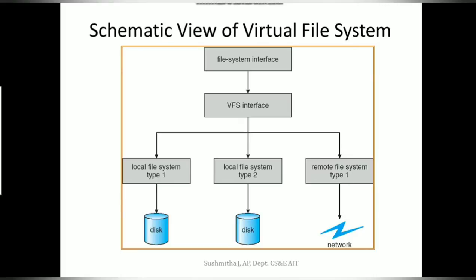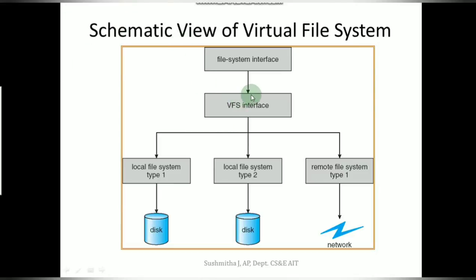So the first layer is the file system interface based on the open, read, write, close system calls along with the file descriptor, and then the second layer we have is your virtual file system layer.